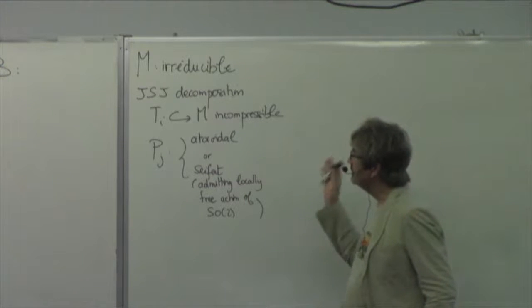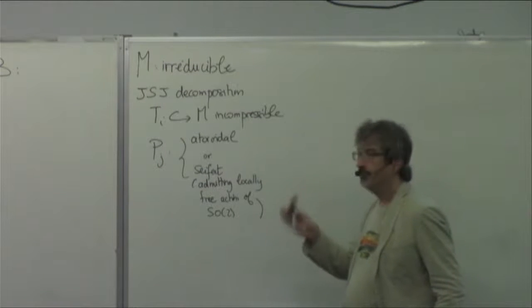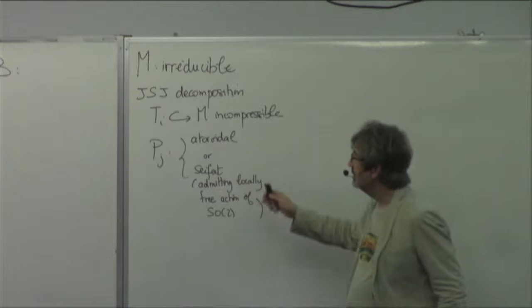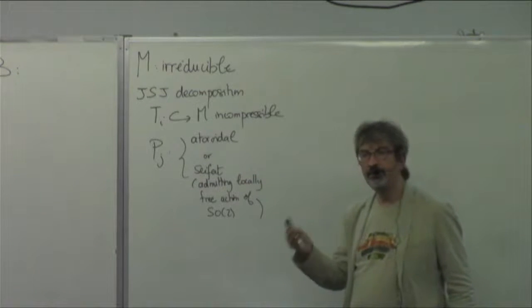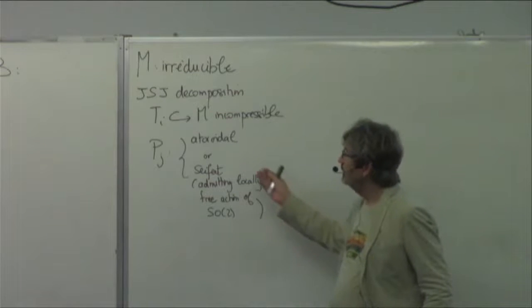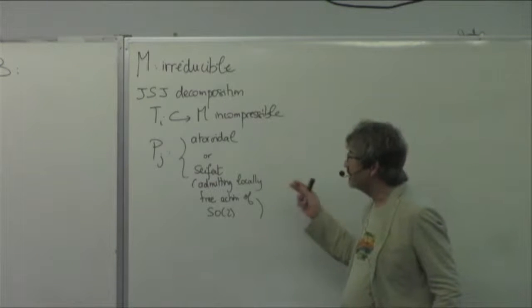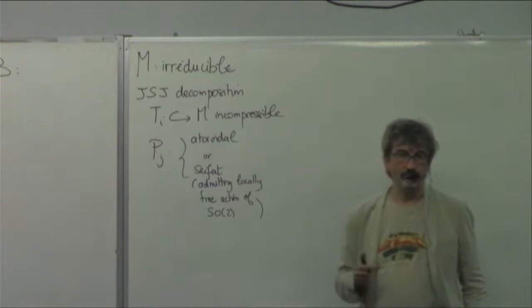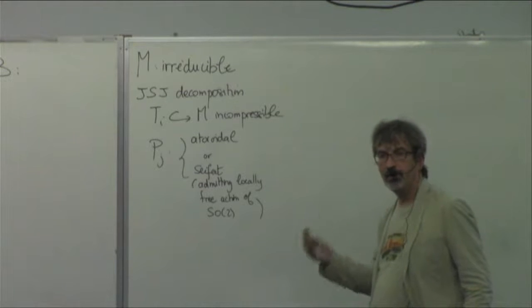If we cut along these tori, the manifold has a finite collection of pieces, of connected components. Some of them are atoroidal, meaning that they admit a complete hyperbolic metric, or are Seifert, meaning that they admit a locally free action of the circle. You can think of it as circles over some surface with boundary.